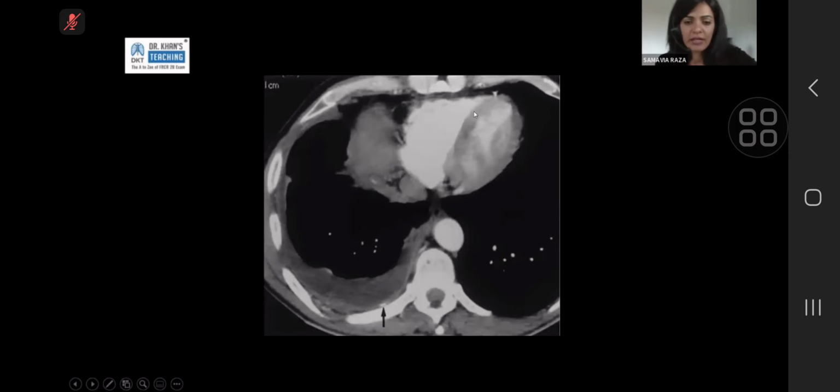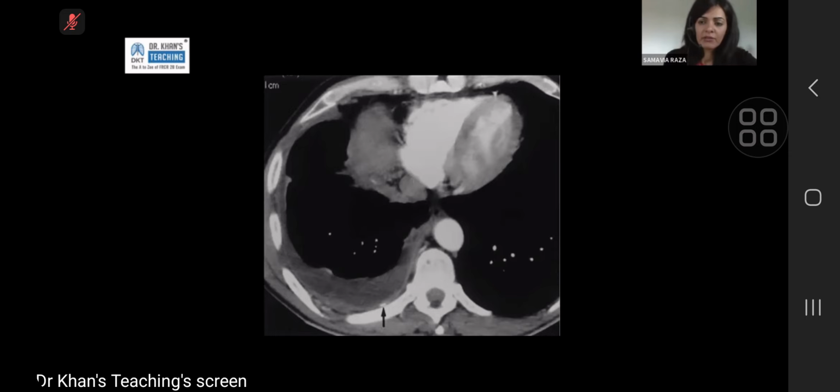This is just to drive home the message I said before: when you see pleural thickening, you need to look for irregularity, you need to look for nodularity, and you need to look for enhancement. On an arterial phase scan, if the pleura is not enhancing, it does not mean that it is not abnormal, because the pleural phase of enhancement is at least 55 to 60 seconds. So if you want to assess pleura for enhancement, you don't do it on an arterial phase CT scan.